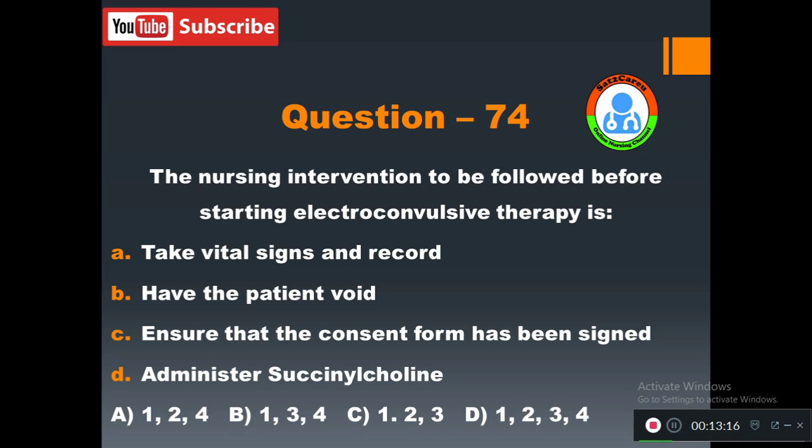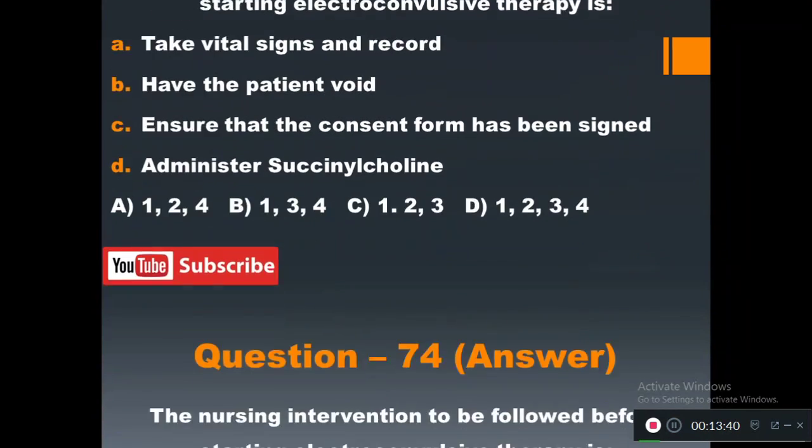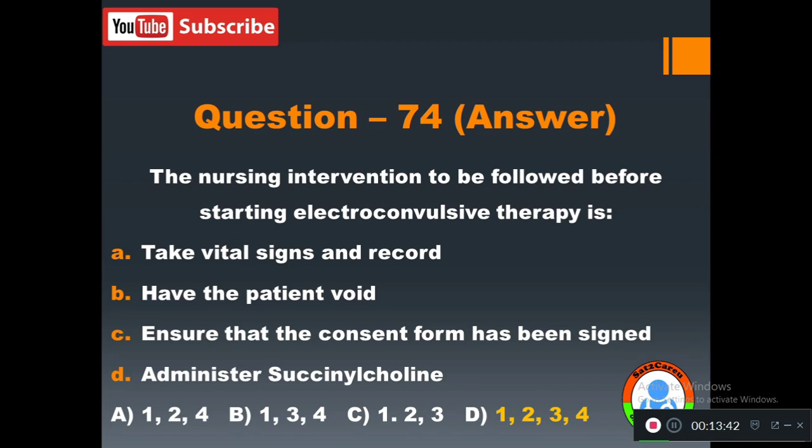So option A is 1, 2, 4, B is 1, 3, 4, C is 1, 2, 3 and D is 1, 2, 3, 4. Just arrange the following actions in order. The right answer is option D, 1, 2, 3, 4. Already it is in the right order.